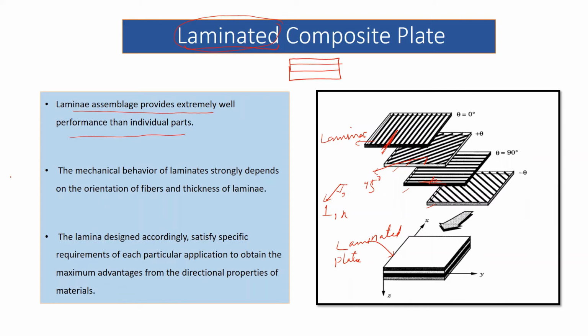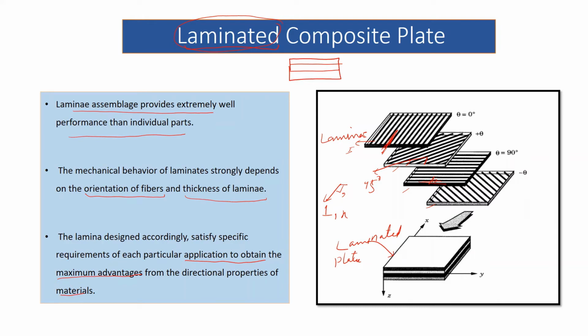So now the mechanical behavior of the laminates strongly depends on the orientation of the fibers: how we have oriented the fibers, in which directions. And it also depends on the thickness of the lamina, what thickness we are providing to each lamina. The lamina is designed accordingly to satisfy the specific requirements of each particular application, so we can obtain the maximum advantages from the directional properties of the materials.